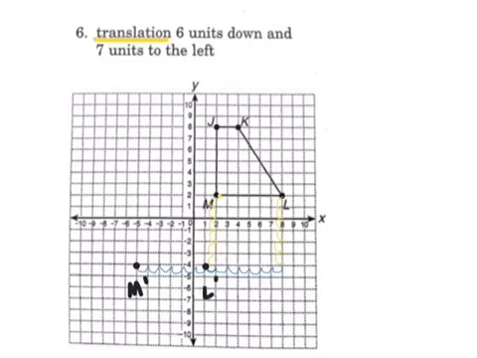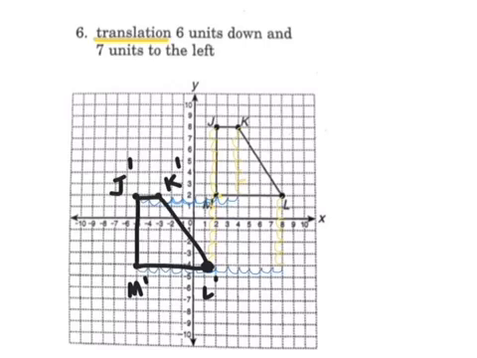Okay, let's do K next. 6 down. 1, 2, 3, 4, 5, 6. And 7 to the left. 1, 2, 3, 4, 5, 6, 7. And plot that point. And then finish off J. Okay, and J would be right here, and label it J prime. And connect.